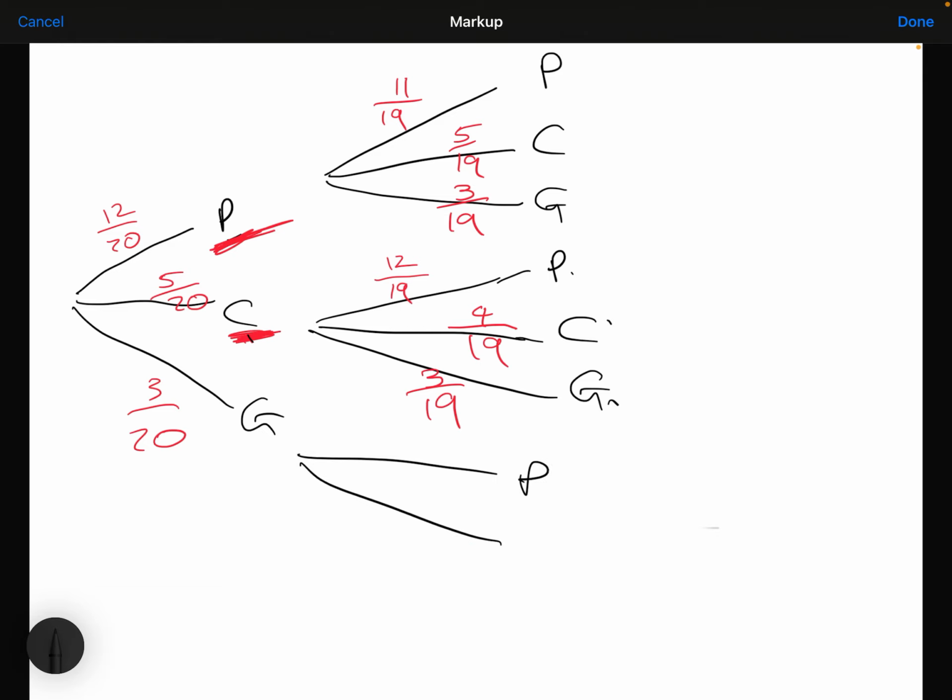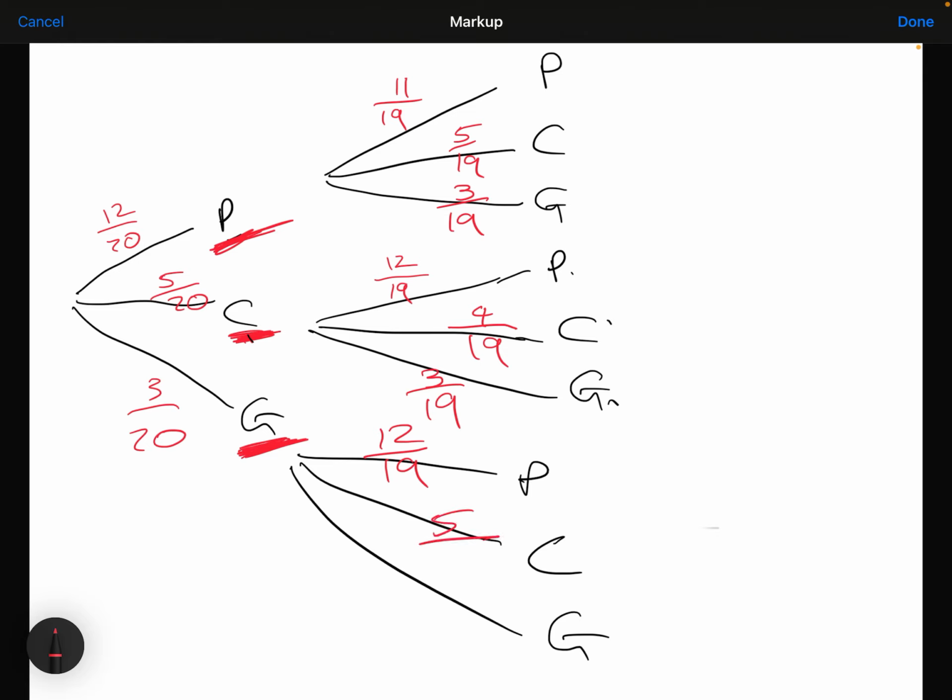Finally, I need to consider what would happen if I took a ginger biscuit the first time. So again, the second biscuit could be plain, chocolate or ginger. The chances of the second biscuit being plain, if the first biscuit was ginger, would be 12 out of 19. Because there were 12 plain biscuits to begin with, I took a ginger one out, so there's still 12 plain biscuits left. 19 biscuits in total, so 12 out of 19.